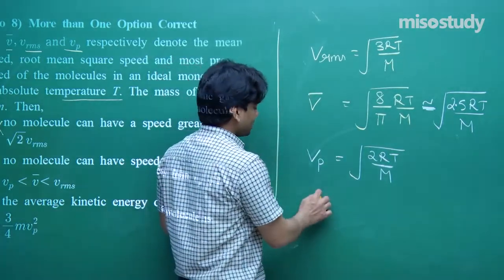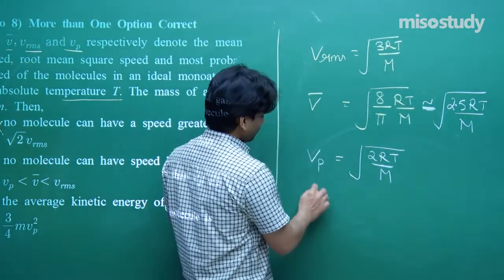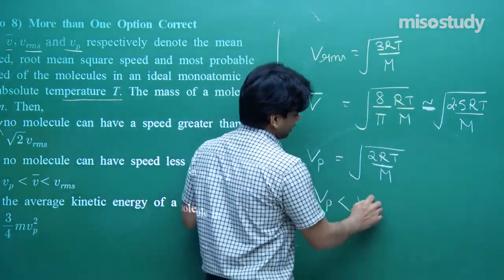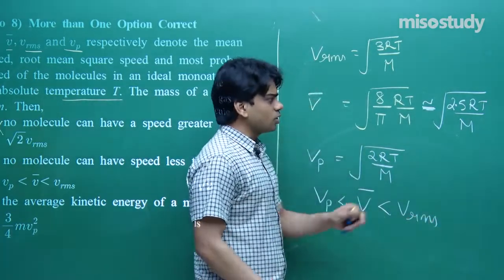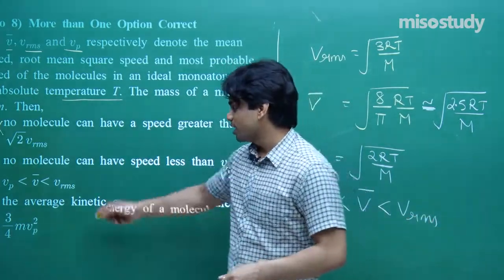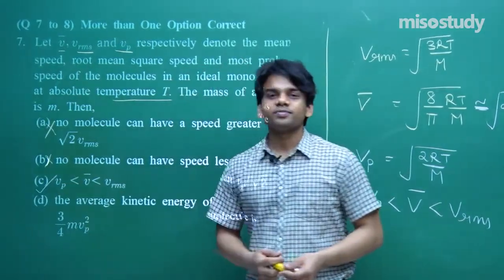So the relation will be Vp, then V bar, and then V RMS. This is the relation between all three speeds.